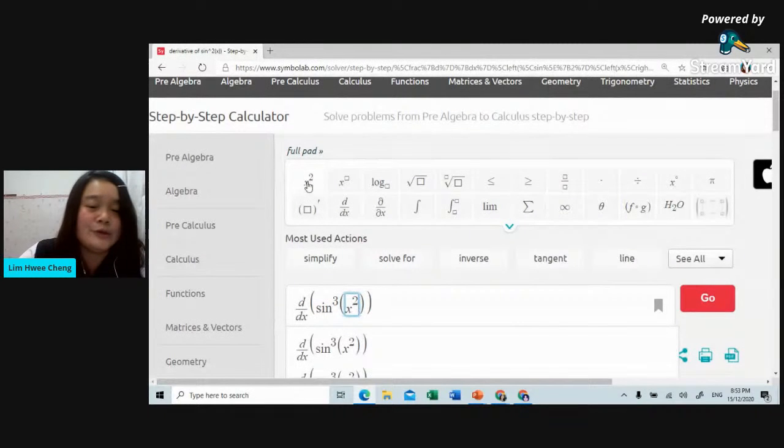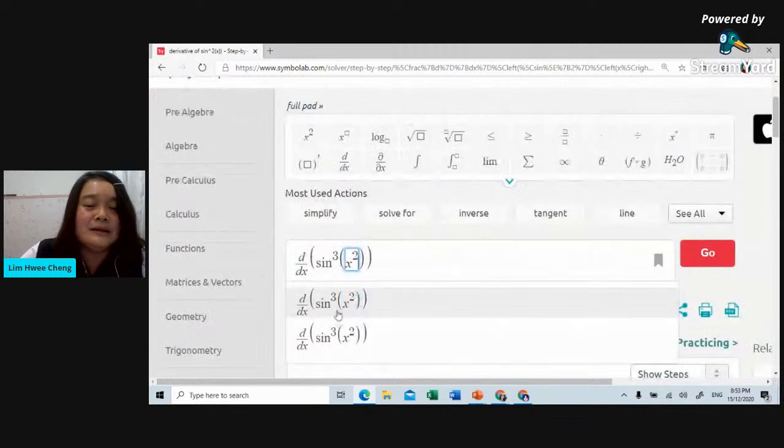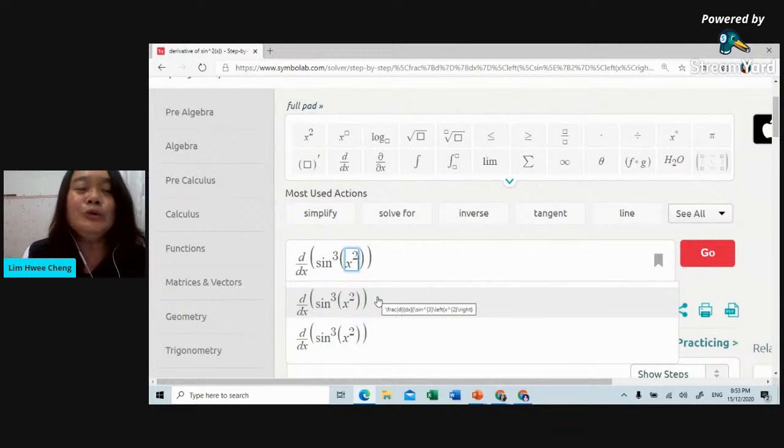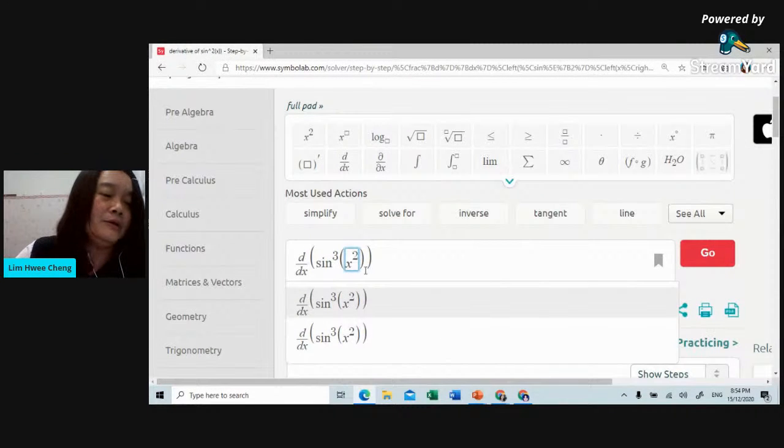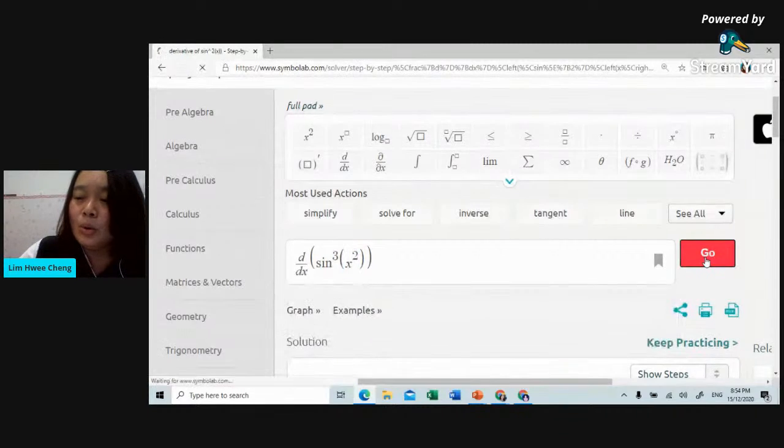Sine cube x square, exactly. This is the function that is in the question. So you have to know how to give the command correctly into the symbolic app. You just type the function exactly as the question, then only you press the button go.